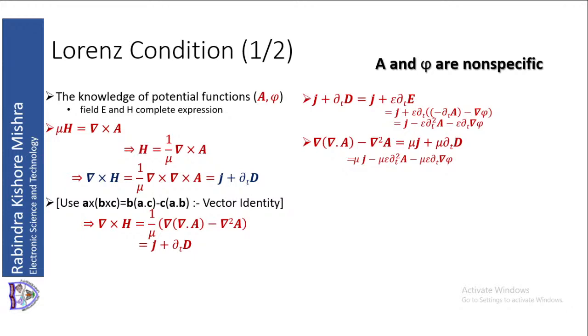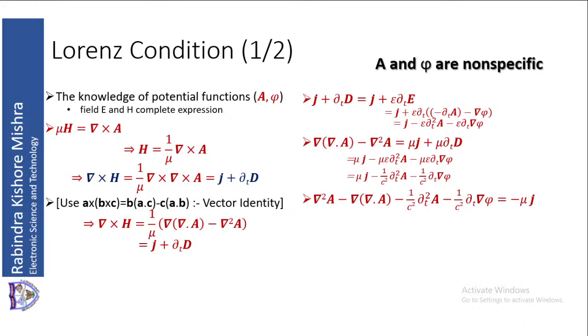So if we put that, the right hand side will be mu J minus mu into epsilon into dot T square A minus mu into epsilon into dot T grad phi. Mu epsilon is equal to 1 by c square, c being the speed of light in free space. Put that, that gives us mu J minus 1 upon c square dot T square A minus 1 upon c square dot T grad phi.